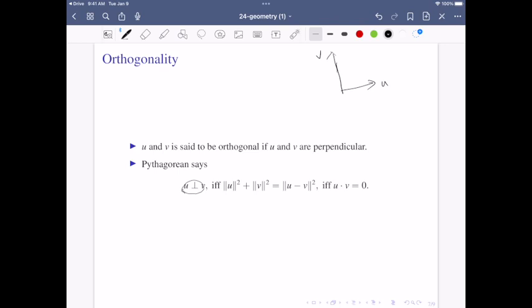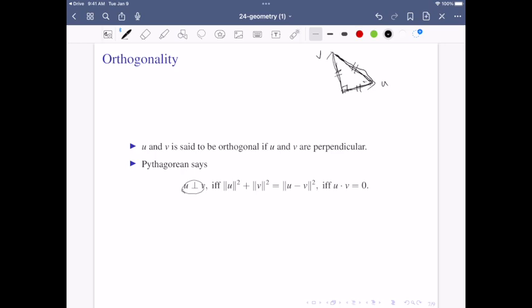The Pythagorean theorem usually tells us that if you form a right triangle, then the sum of the squares of the two legs is equal to the square of the hypotenuse.